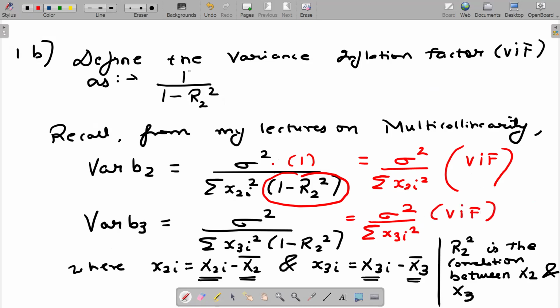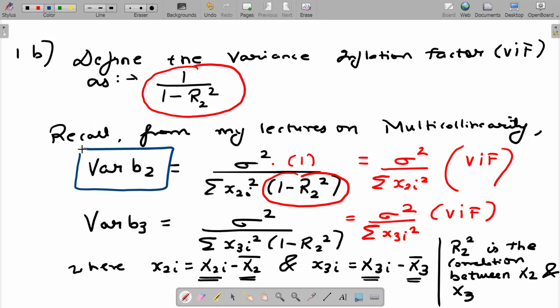Because look at the definition of variance inflation factor from the top. It's just 1 over 1 minus R2 square, where R2 square is the correlation coefficient between x2 and x3 for a multiple regression. So the variance of B2 is just sigma square over summation small x2i square times the variance inflation factor. Variance of B3 is sigma square over summation small x3i square times the variance inflation factor.